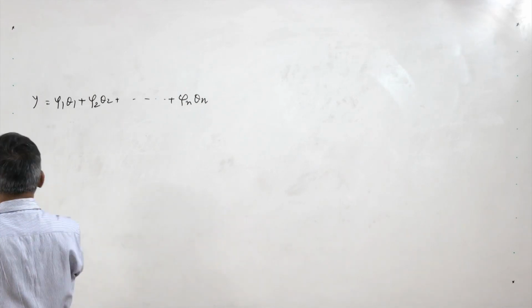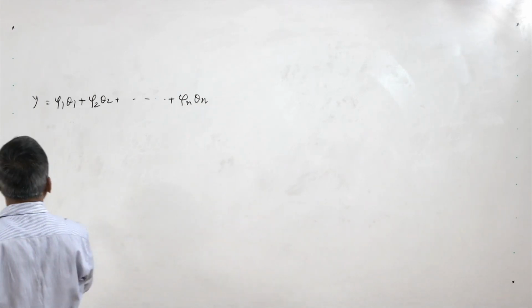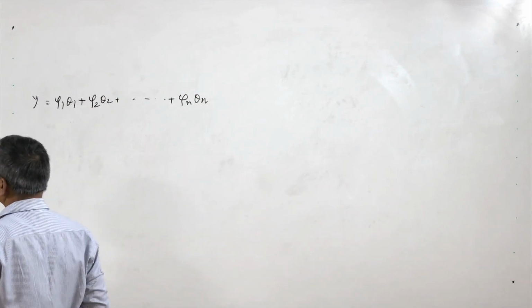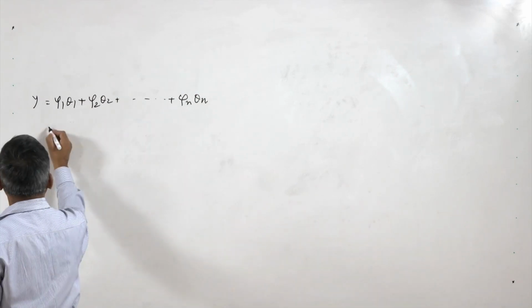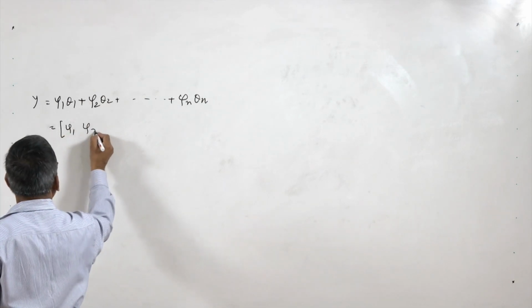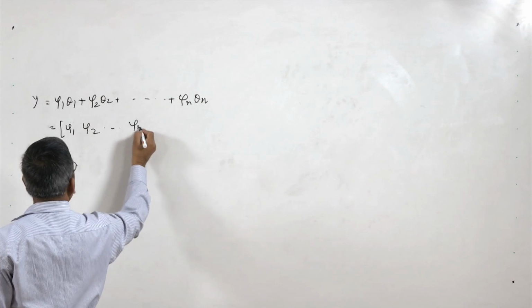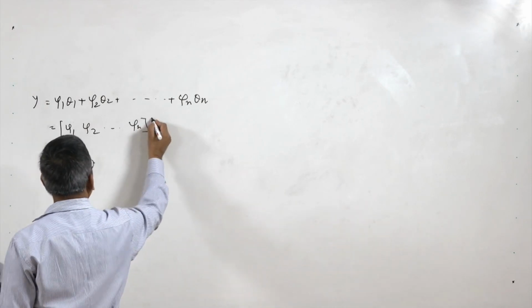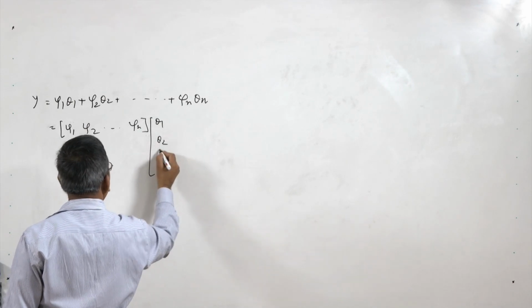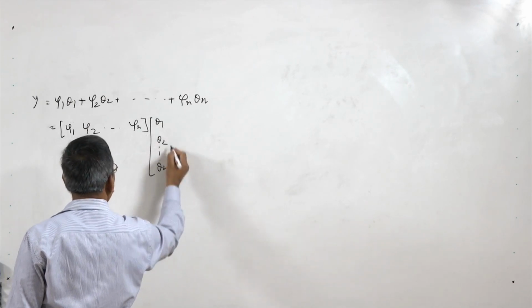Now, here we segregate the phi's and the thetas. I can write the phi's separately, phi 1, phi 2, phi n, and the thetas, that is theta 1, theta 2 and theta n.